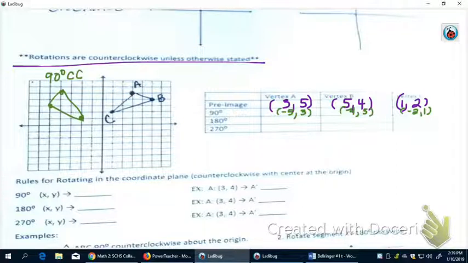Okay, so I'm going to draw this picture. We have -1, -2. We have -5, -4. And we have -3, -5.